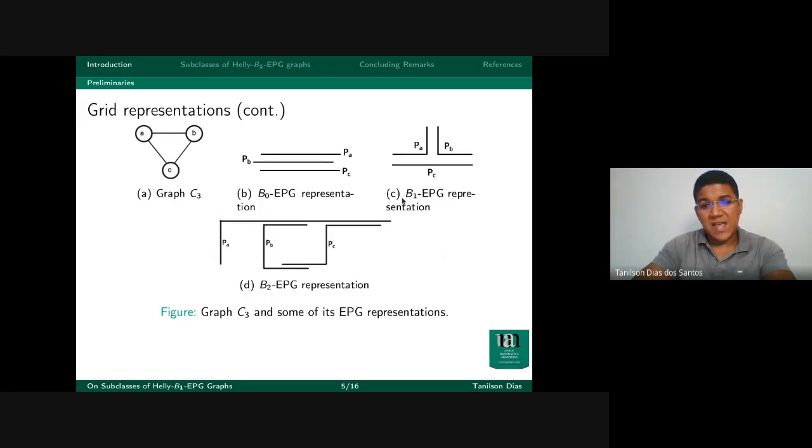Thus, this is a B1-EPG representation. And in letter B, we have a set of paths where each path has at most 0 bends. Therefore, this is a B0-EPG representation. Therefore, the graph C3 is a B0-EPG graph because there is a B0-EPG representation for this graph.